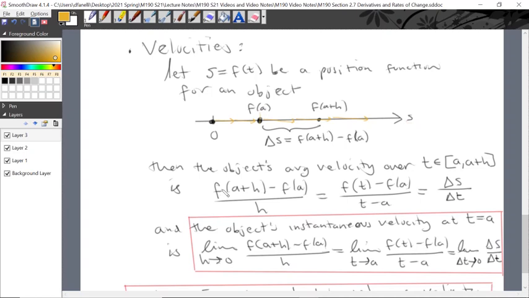If we did have a function called h of t as a height function, let's say we were dropping an object, another thing that we talked about previously in section 2.1, and we referred to its position as the height of the object above the ground, we might prefer to not use the definition of the derivative where h is going to 0 because we're already using h for expressing height.